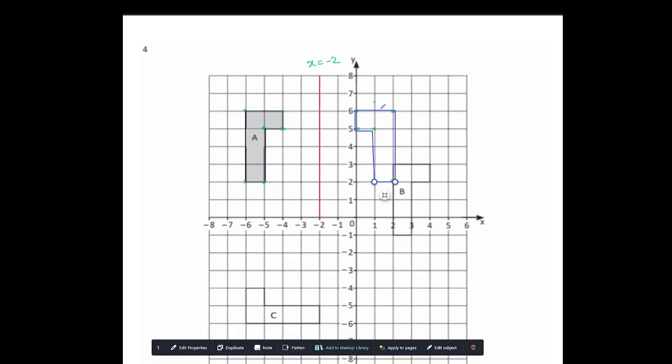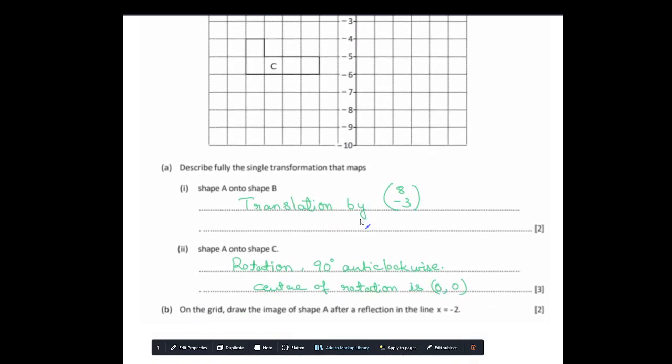Use your rulers to find out the shape. Question number 4 is done.